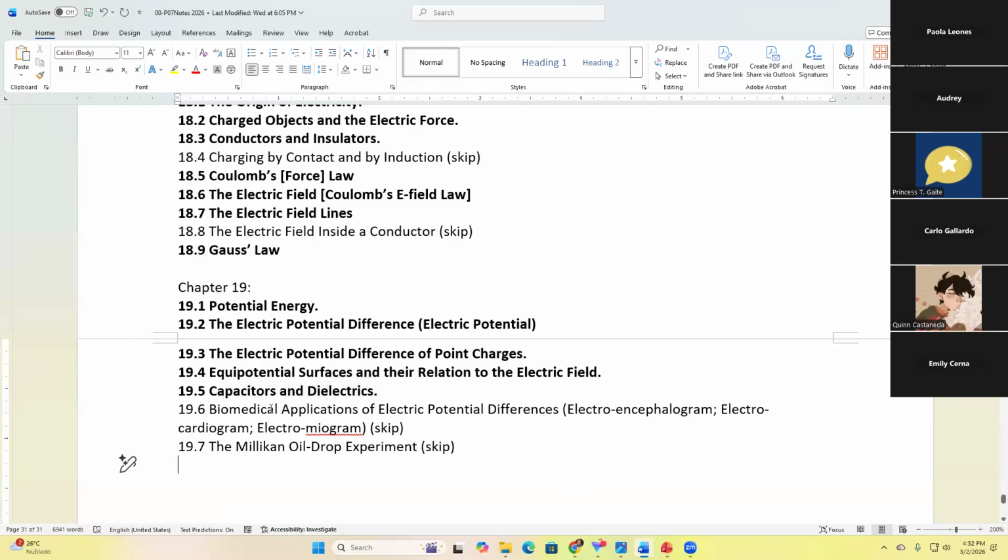It's very difficult to emphasize the importance of a capacitor, okay? It's very difficult to emphasize. So you gotta learn about it. It's a very important device in electricity and electronics.